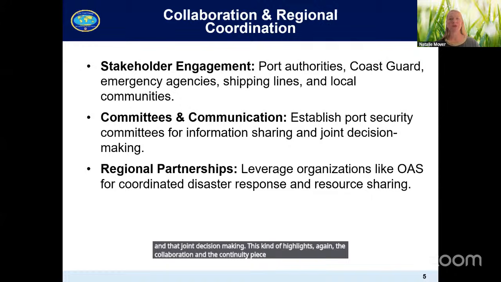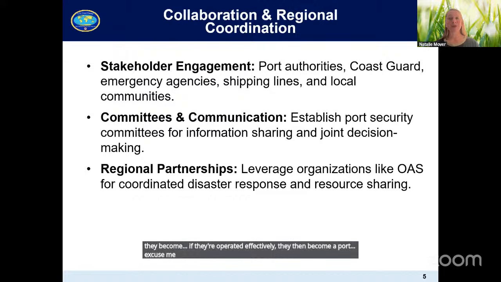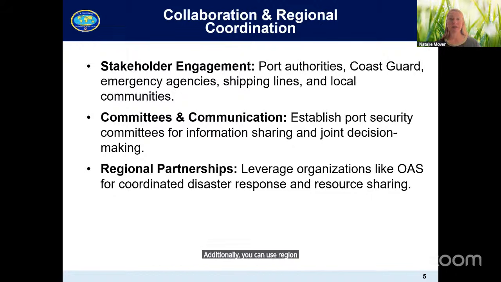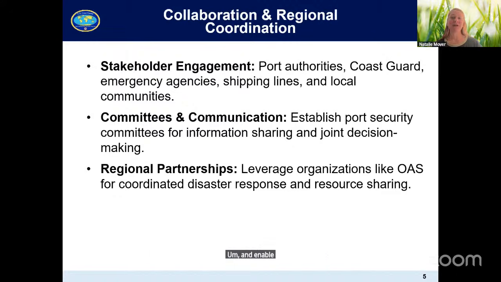So when port security committees are operated effectively, they become a force multiplier for port operations, as well as the safety measures in place. Additionally, you can use regional partnerships, similar to this OAS opportunity, to enable coordinated response and sharing of information.